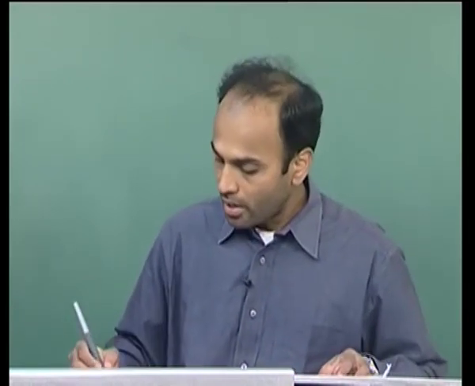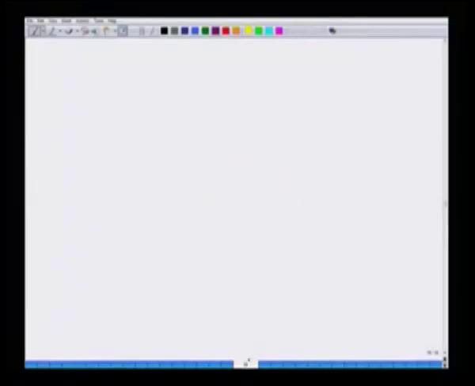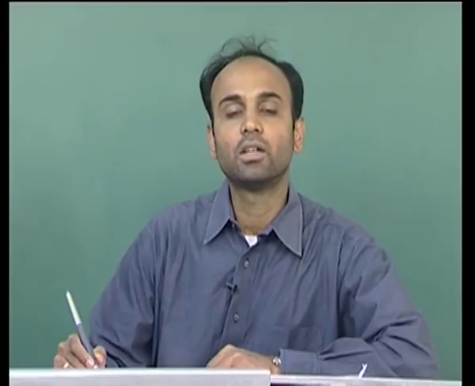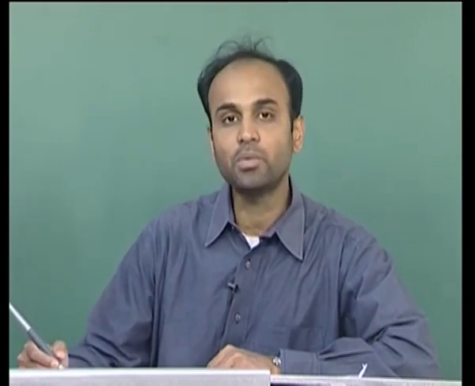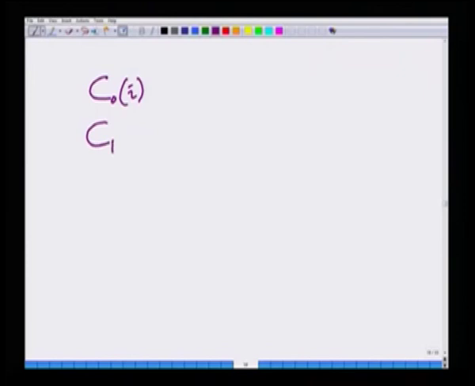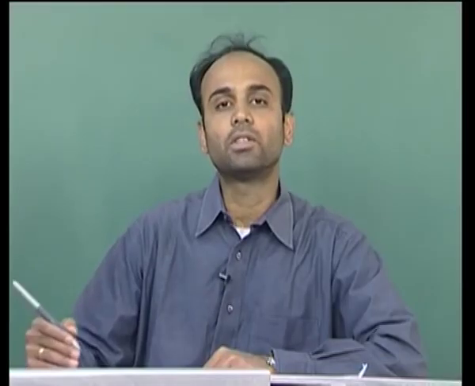All right. Now, I will consider two such spreading sequences, C0i, a sequence which contains n chips, each chip plus or minus 1 independently with equal probability of half, and another sequence C1i also having the same property, that C1 also has chips which are independent and plus or minus 1 with probability half.